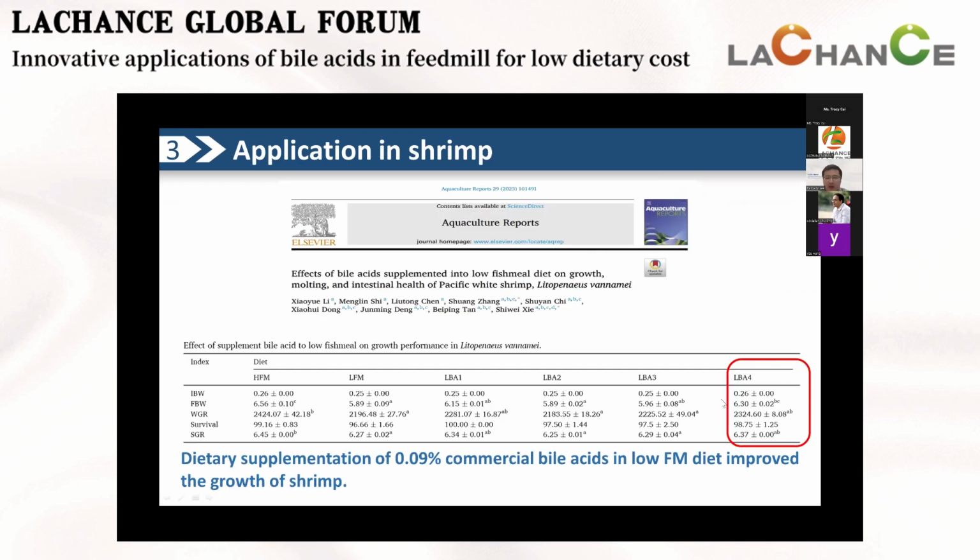And for the growth performance, we can see that with the addition of bile acids, the final body weight and the weight gain increased after we supplemented the bile acids in the low fish meal diet.